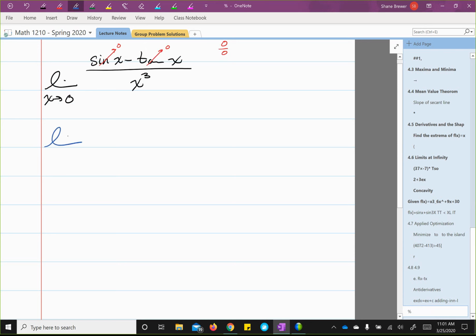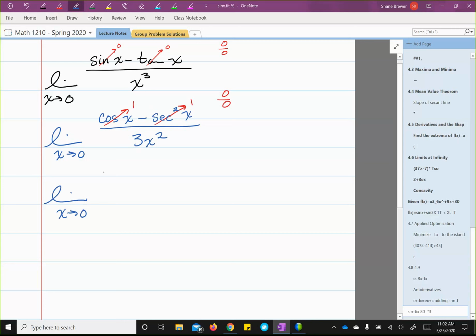So we take the derivative of the top, derivative of sine is cosine, and the derivative of tangent is secant squared x, and the derivative of x cubed is 3x squared. Now we try to evaluate it by plugging 0 in, and we notice this one goes to 1, and this goes to 1 as well, right? So 1 minus 1 goes to 0, and then the bottom goes to 0 again, so we apply L'Hopital's again.